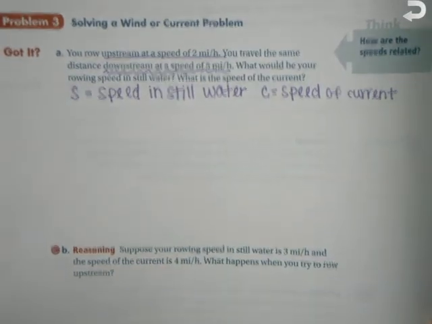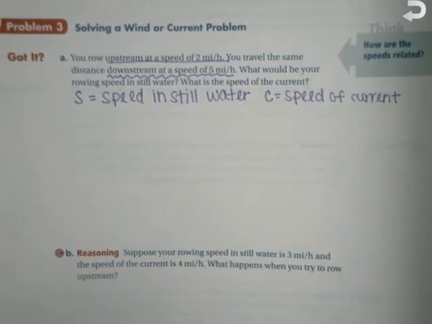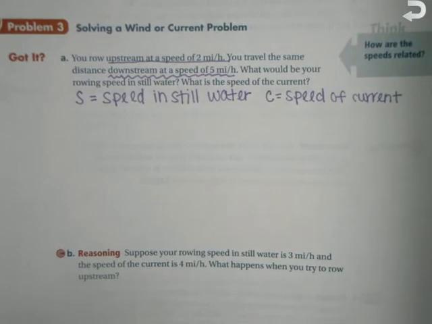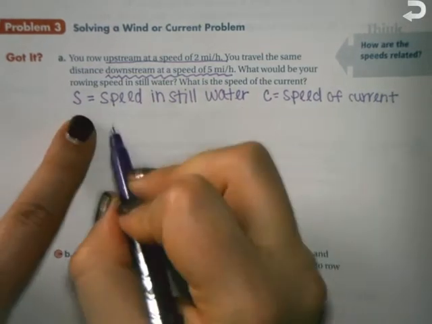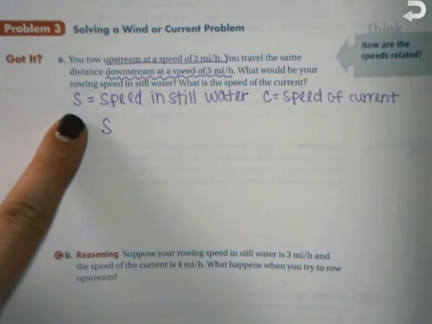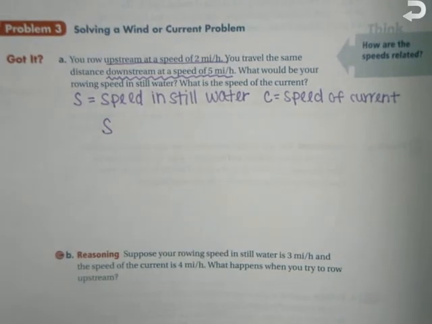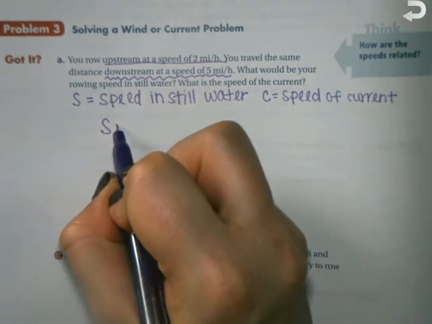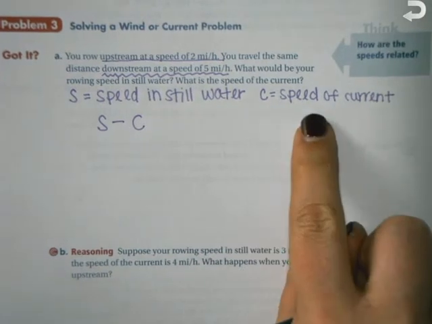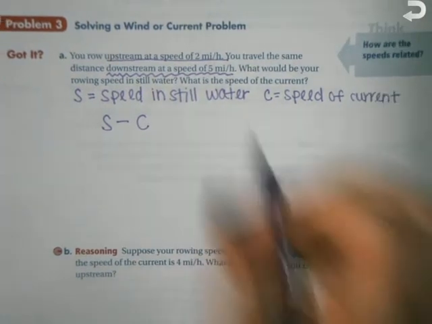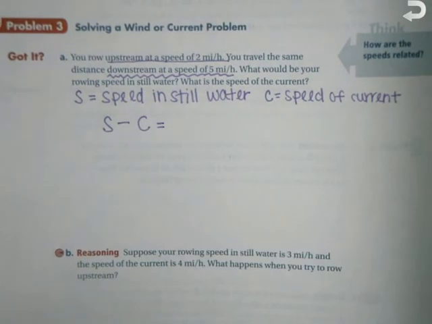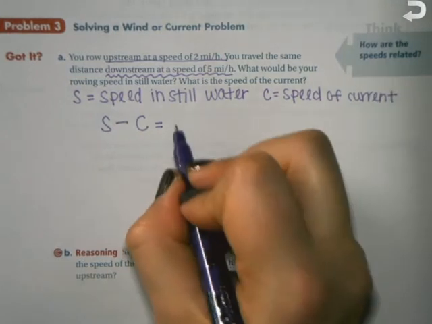So let's write an equation. If I'm going upstream, is my current working with me or against me? Against me. So that's going to be my speed in still water, and if the current is working against me, I'm going to subtract the current speed. And the problem told me that that should come out to how fast? 2 miles per hour.